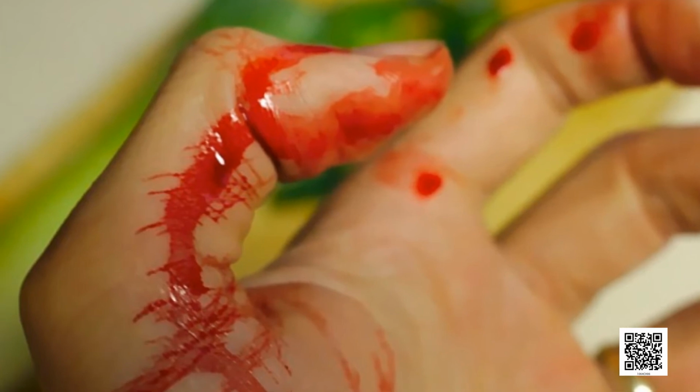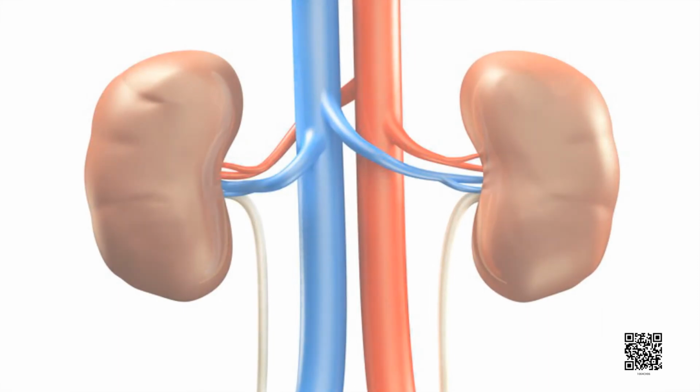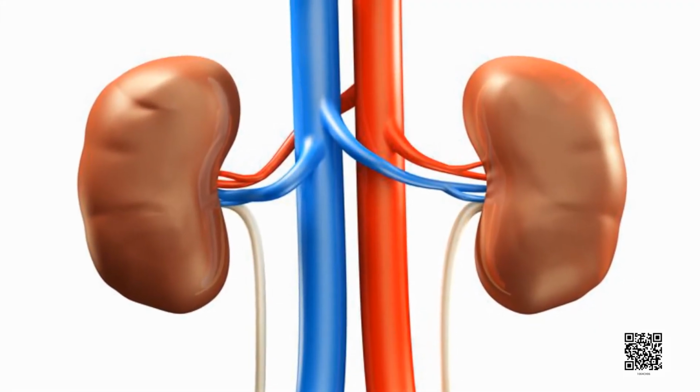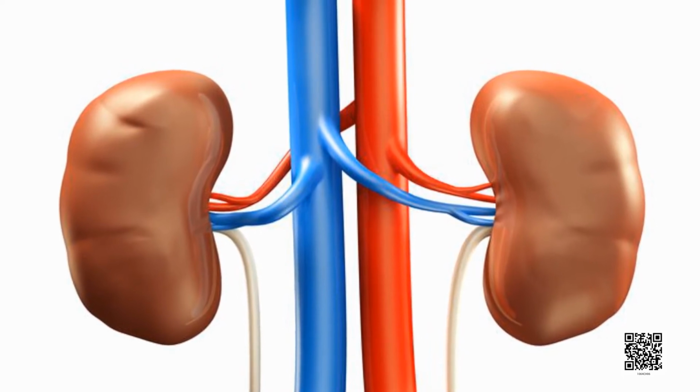Blood is the fluid which flows in blood vessels. It transports substances like digested food from the small intestine to the other parts of the body. It carries oxygen from the lungs to the cells of the body. It also transports waste to the kidneys for excretion.